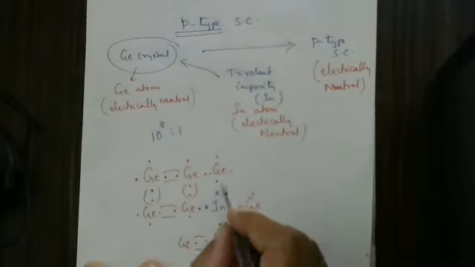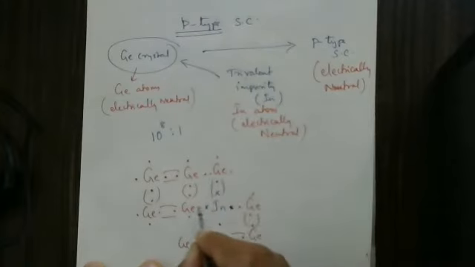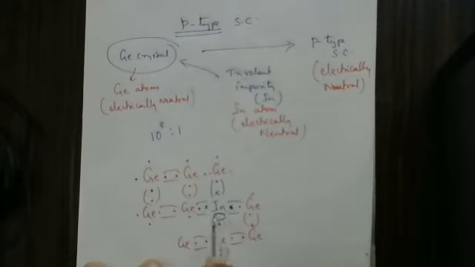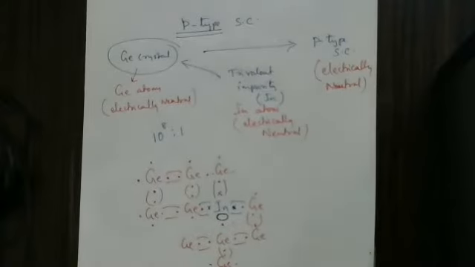Coming back here, the 3 valence electrons are involved in 3 covalent bonds with the neighboring germanium atoms. Indium wants to make one more covalent bond with germanium, and the germanium wants one more covalent bond, but indium does not contain the 4th valence electron. There is a shortage of an electron here, because indium contains only 3 valence electrons, which form 3 covalent bonds with the neighboring germanium atoms.